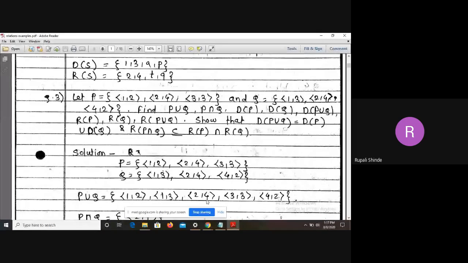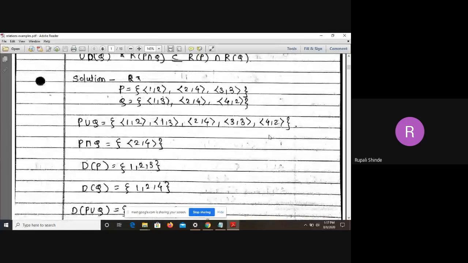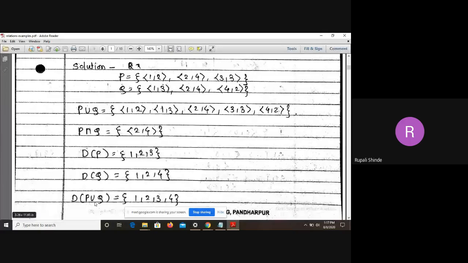Correct. Now, next question they have asked, show that domain of P union Q is equal to domain of P union domain of Q. Okay. So, we have already found out what is the answer for domain of P union Q, and that is set {1, 2, 3, 4}.